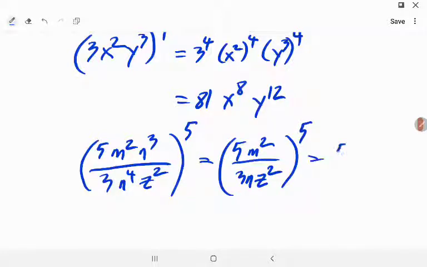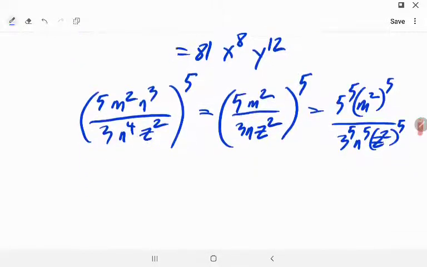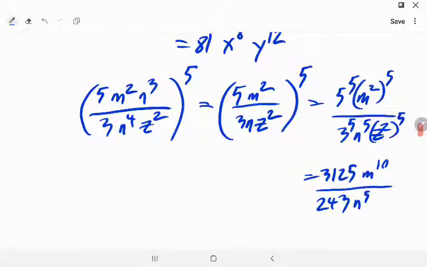Then we can write that as 5 to the 5th, m squared to the 5th, 3 to the 5th, n to the 5th, z squared to the 5th. And so that's going to give us 5 to the 5th gives us 3,125, m to the 10th, divided by 243, n to the 5th, z to the 10th.